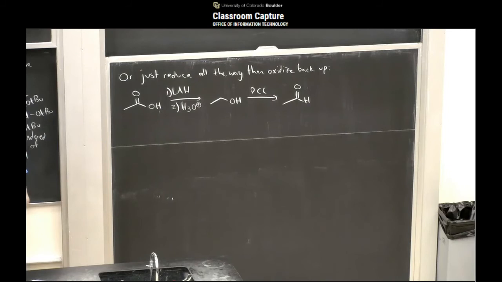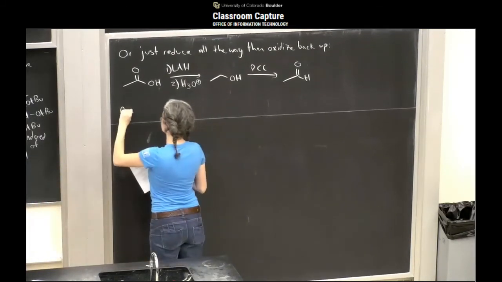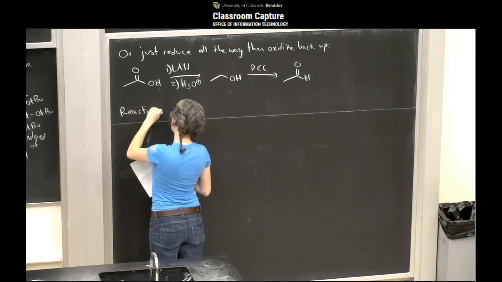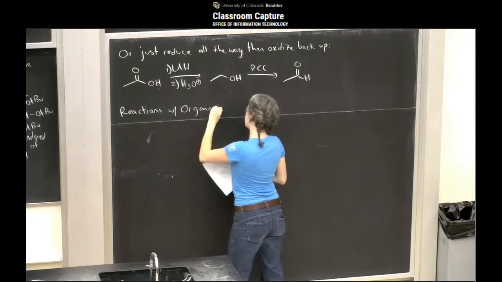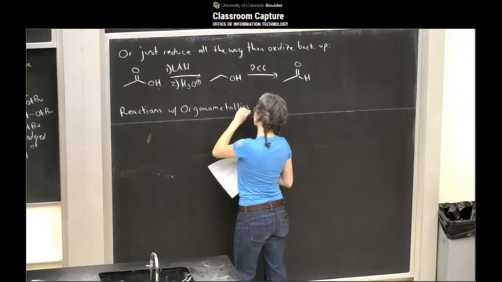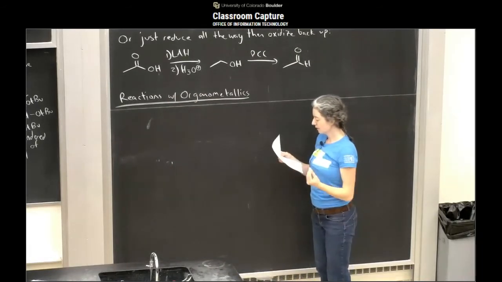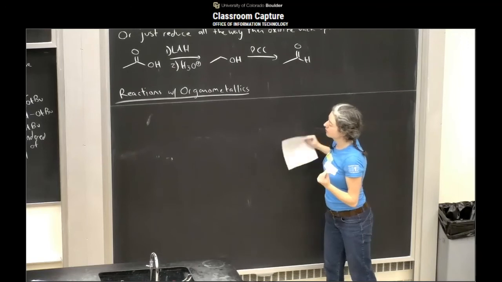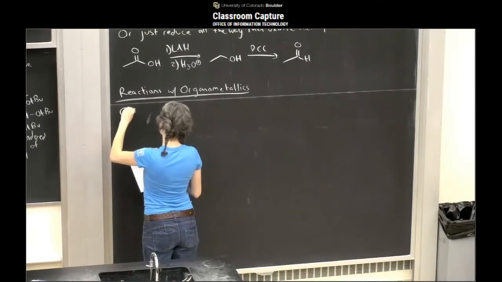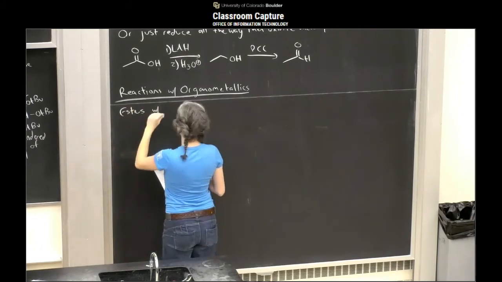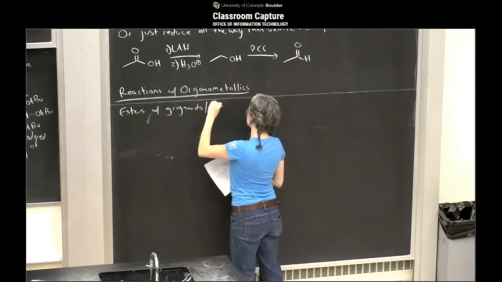Okay, cool. All right, so the last category of reactions is the one that you're doing in lab this week: reactions with organometallics. The one that you guys are doing is esters with Grignards or organolithiums.